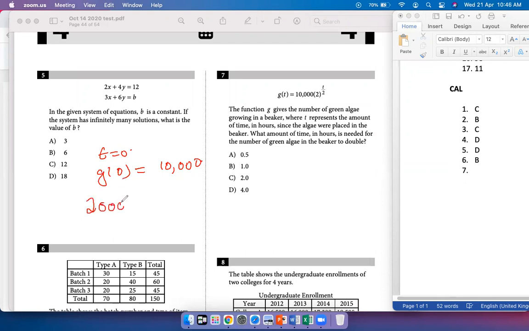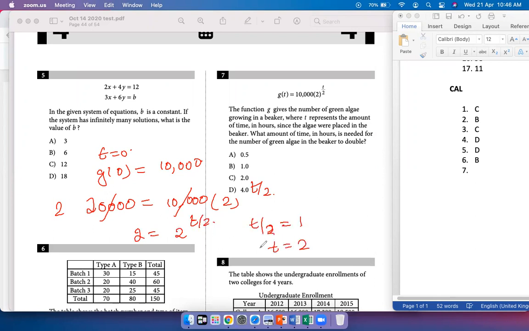So that would be 20,000 is 10,000 times 2 to the power t by 2, because we need the number of green algae to double. So this cancels out with 2. So 2 is 2 to the power t by 2, which means t by 2 is 1.